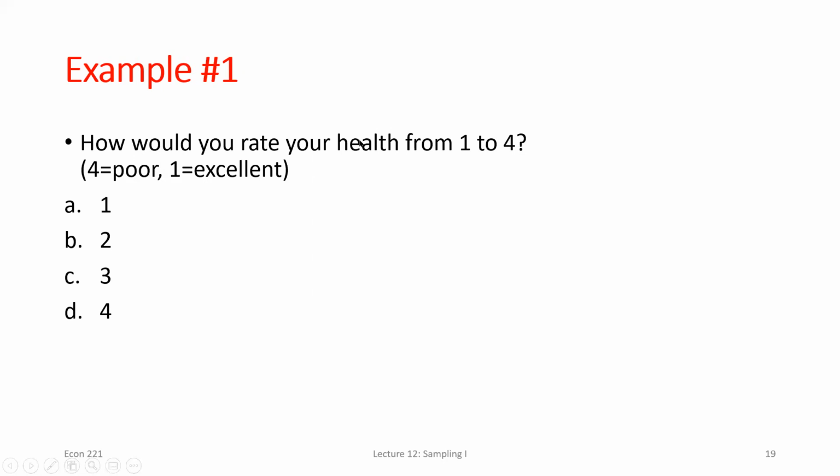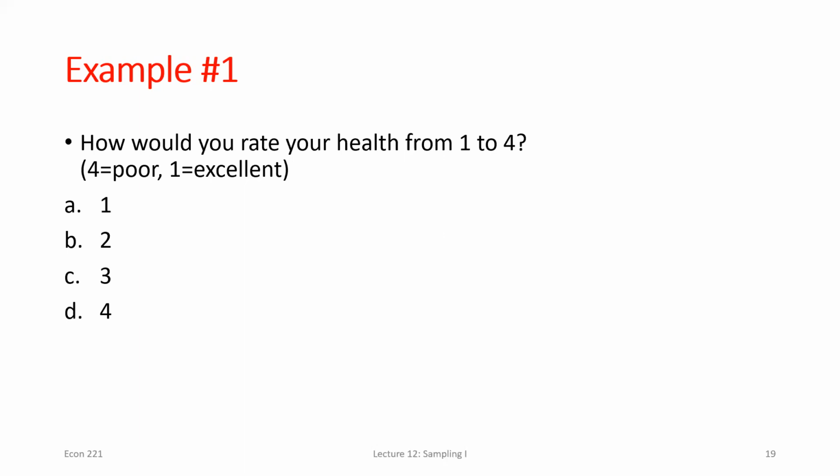What's a non-response bias here? Who do you think would be the people most likely to not respond to a question like this? Well, younger people potentially. If I had a group that was varied in age, maybe I have people at the young end who don't want to respond. But if I think about something related to health, if I'm in good health, I'm probably not that worried about telling someone I'm in good health.